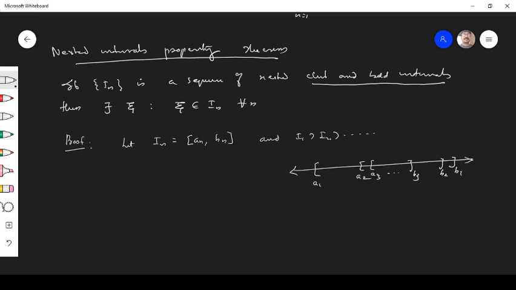So I1 contains I2 contains, etc., where each I_n is a closed bounded interval [a, b]. Now consider the set of all left endpoints of these intervals.